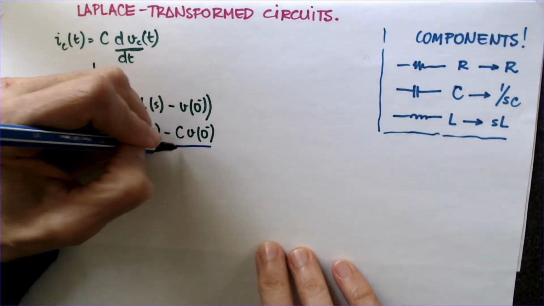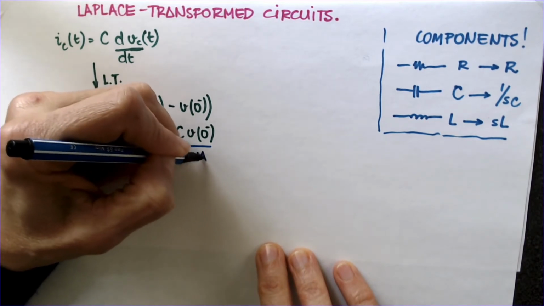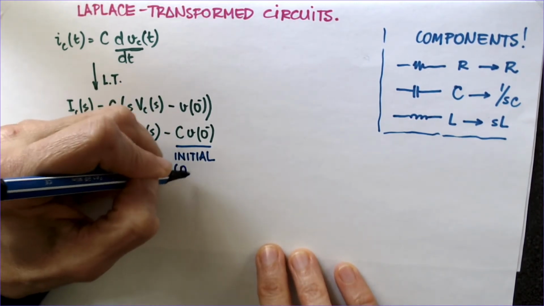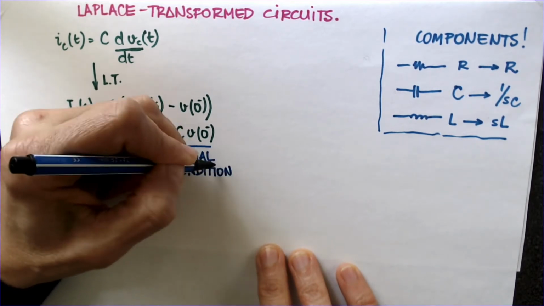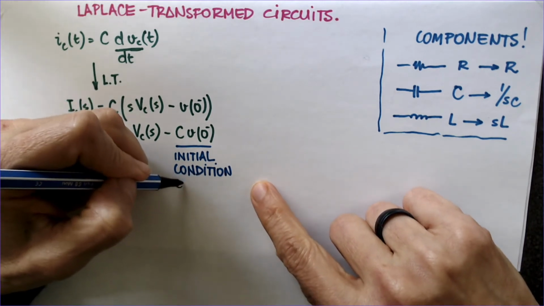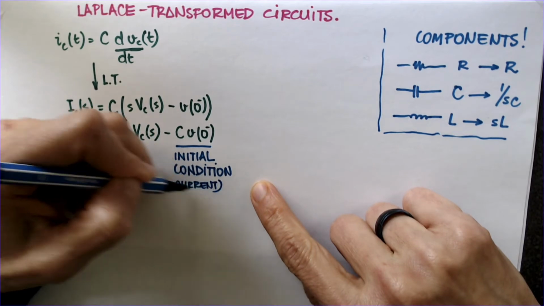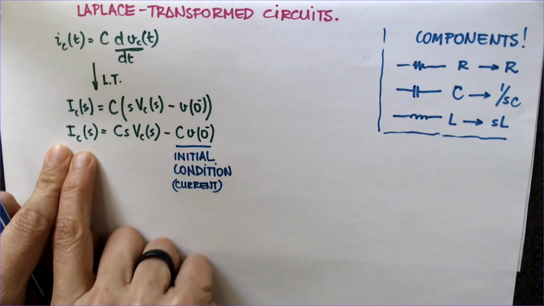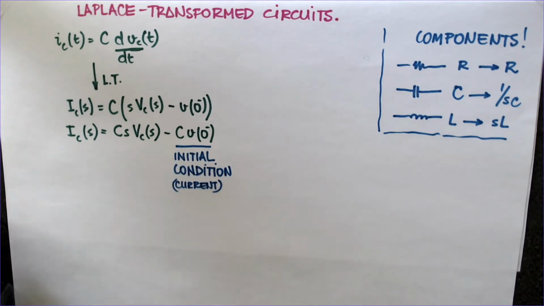Minus C times V at 0. So that part is the initial condition, and this part is a current. So you see that the current is now equal to C times s times V of s minus C times V of 0. That is a current supply, and the minus means that the current supply is going to go against the current on the capacitor.